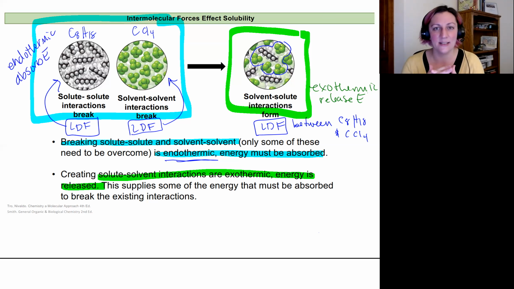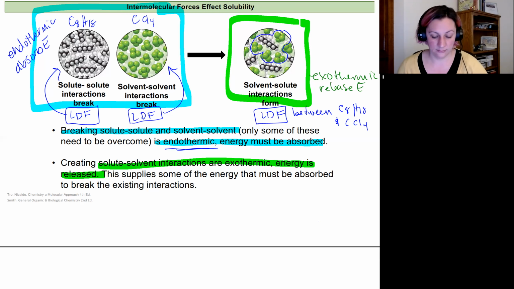That tendency to mix will be a driving force that allows these molecules to combine and get some sort of net energy benefit that can overcome slight deficiencies in releasing the energy that was used to break intermolecular forces.